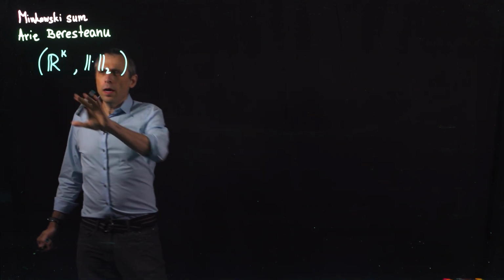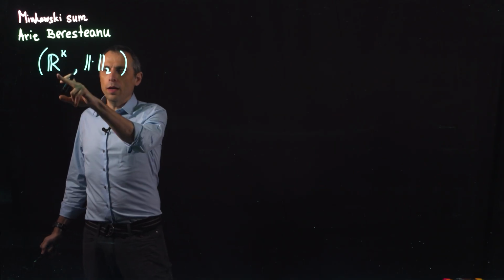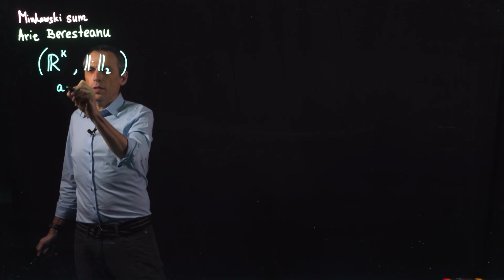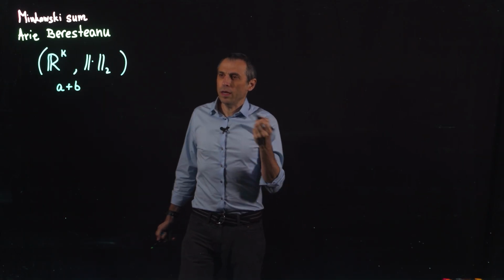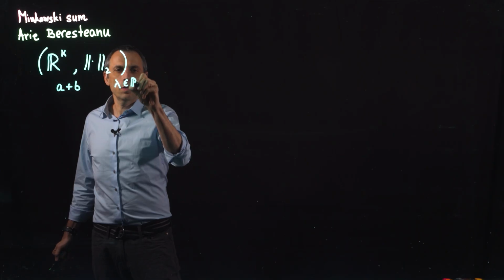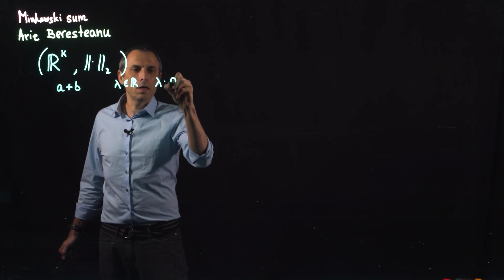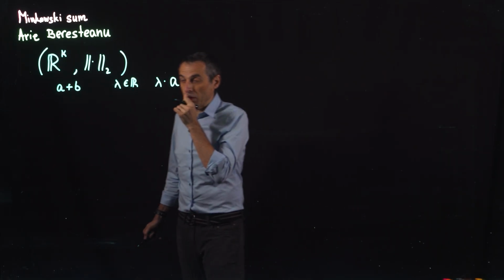Okay, so in this space, we know that we can take two elements of R^k, a and b, and sum them. This is well defined. And we also can take just a constant, lambda, and multiply it times a vector a. So those basic operations, we know them.